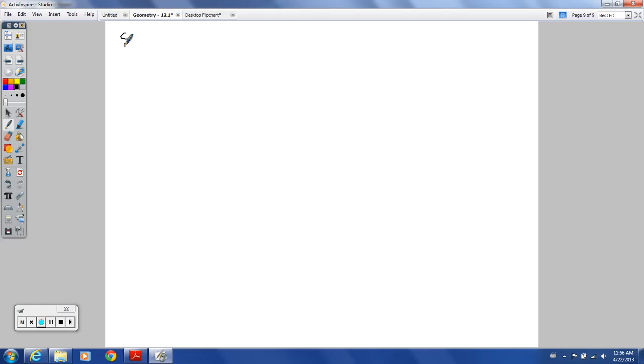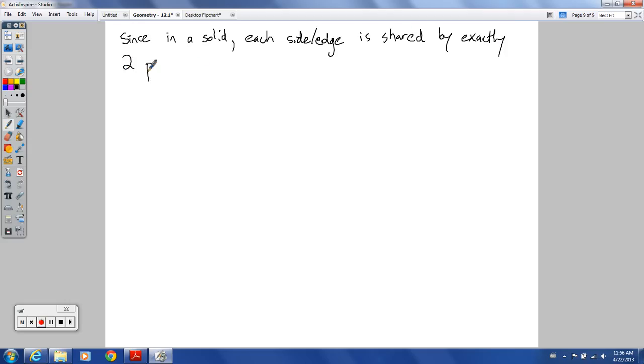So let's write that out in words here so that it'll make sense when we look at it later. So since in a solid, each side or edge is shared by exactly 2 polygons, there are, in this case it was 48, but we divide that by 2 to get 24 for the edge number.